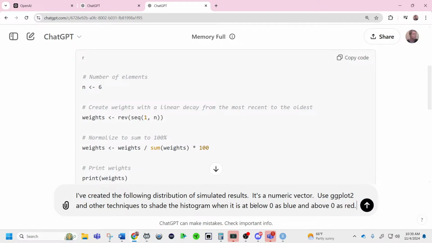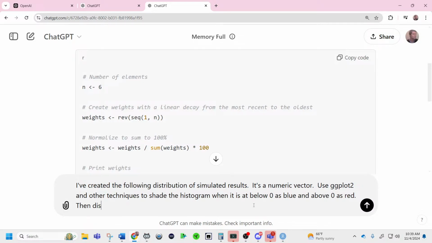I don't want any bias. And display the simulated probabilities on it as, I don't care what.